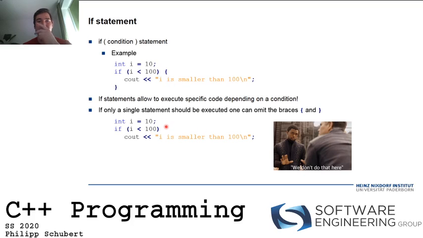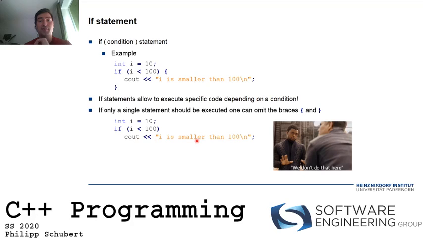Many people like to omit the braces, but this is really a great opportunity to introduce errors, because maybe it's late in the afternoon and a colleague takes some of your code and modifies it. Maybe the colleague wishes to execute another statement in case this expression evaluates to true.